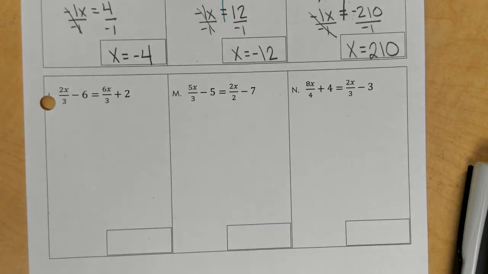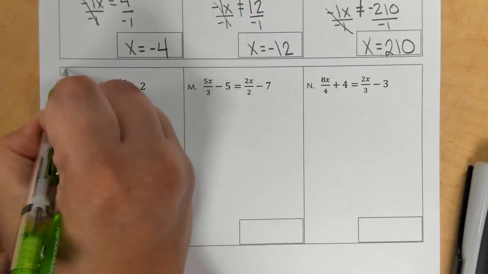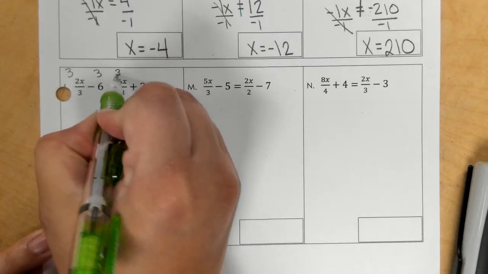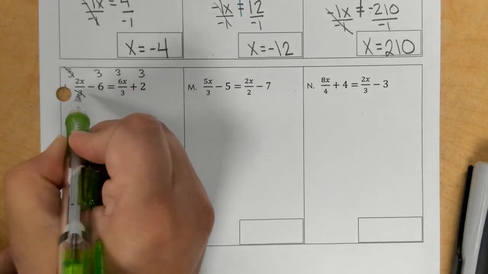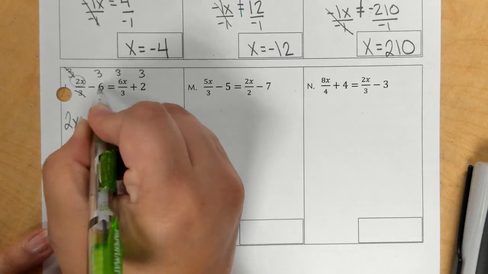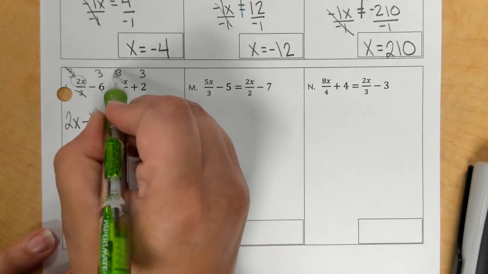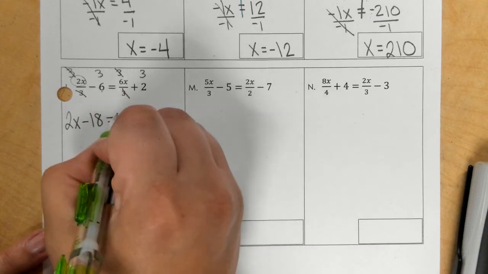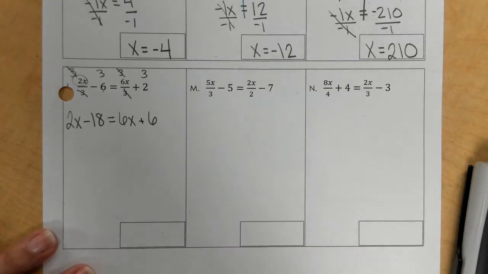The next one, L, we have a common denominator of 3. So we just use that 3 and put it up here above all terms. Now this one's nice because the 3's do cancel, and I just have a 2x left over. I multiply. 3 times negative 6 is negative 18. 3's cancel, and I have 6x. And 3 times 2 is 6.